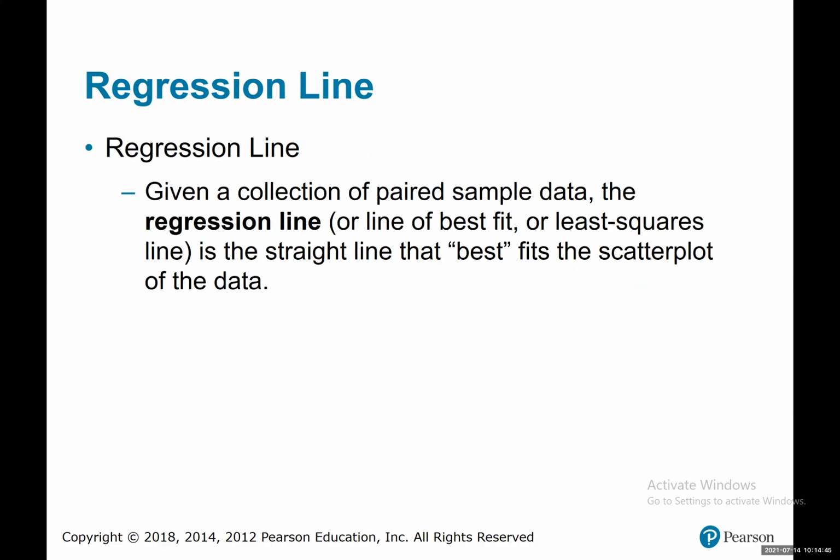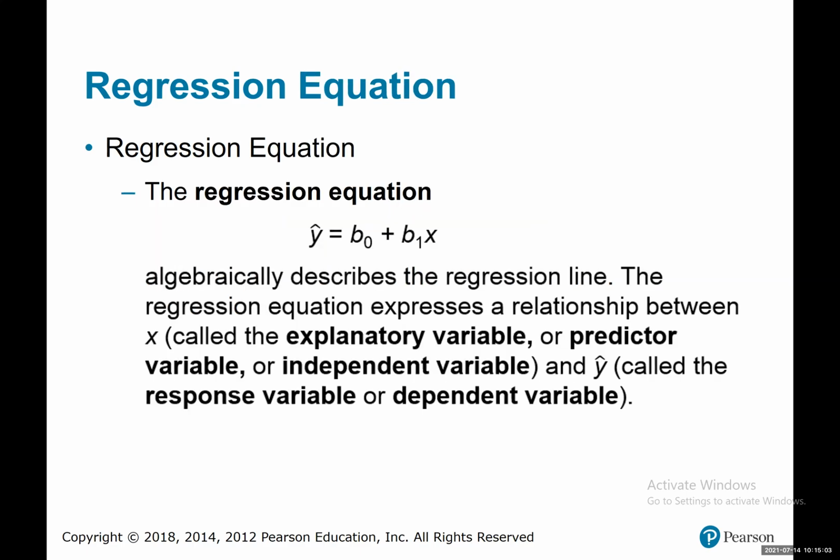Given a collection of paired sample data, the regression line is the straight line that best fits the scatter plot of the data. And that's this one. So I'm going to give you a minute. I want you to write down the terms that you see.